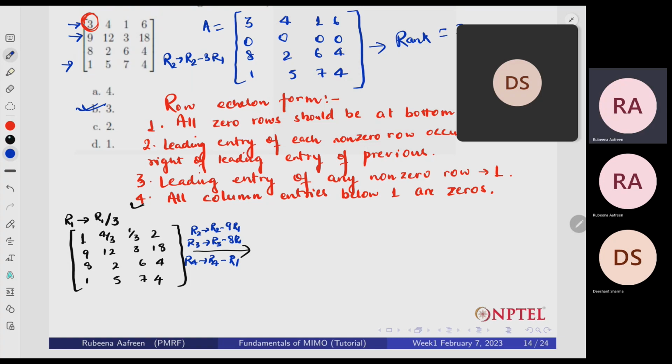So I think this will finally give this matrix: 1, then 4 by 3, then 1 by 3, 2, 0, minus 26 by 3, 10 by 3, minus 12.